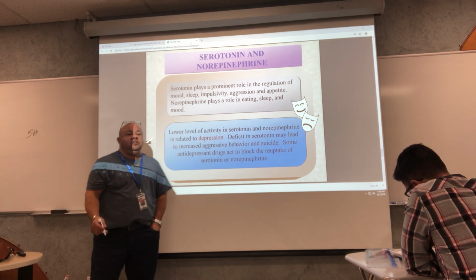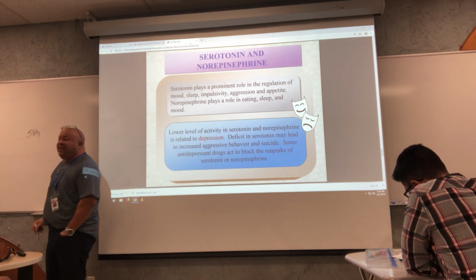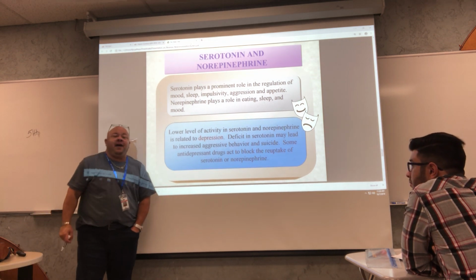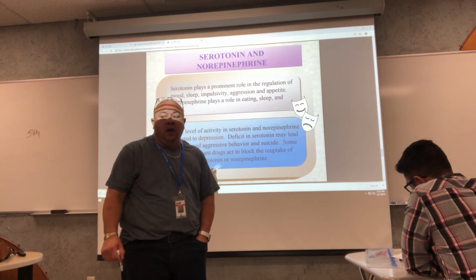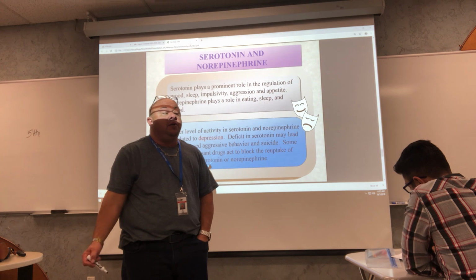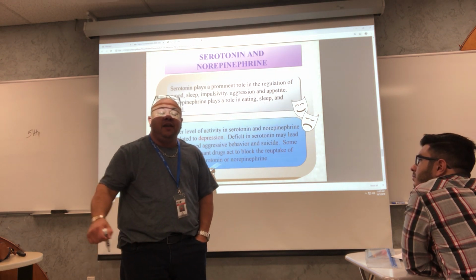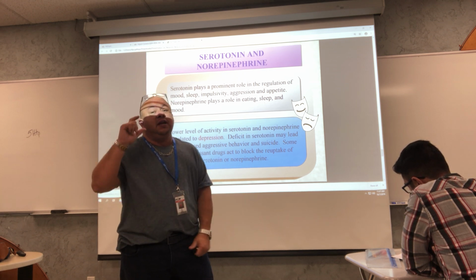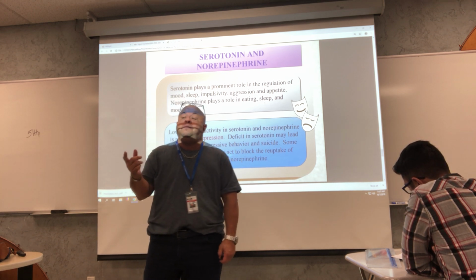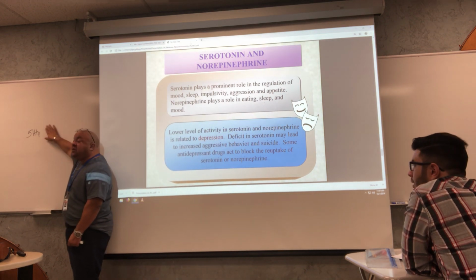The reason I'm telling you is because you might go to a store and find 5-HTP, okay? 5-HTP means it's a precursor, that's what the P stands for, to serotonin. 5-HT is serotonin. 5-HTP is something you might see at a health food store where they're saying you could take this 5-HTP and it should allow you to make more serotonin.